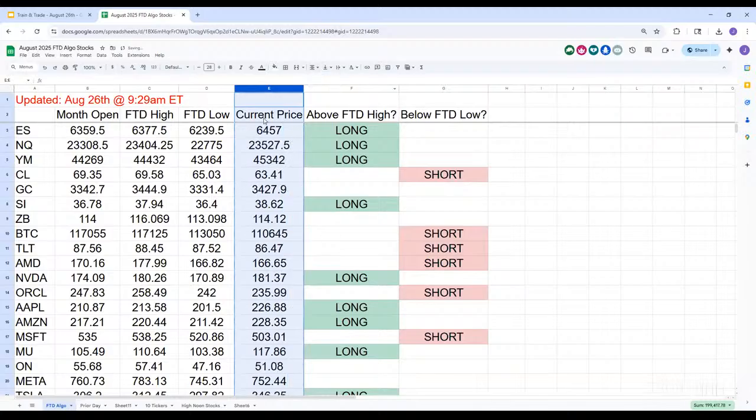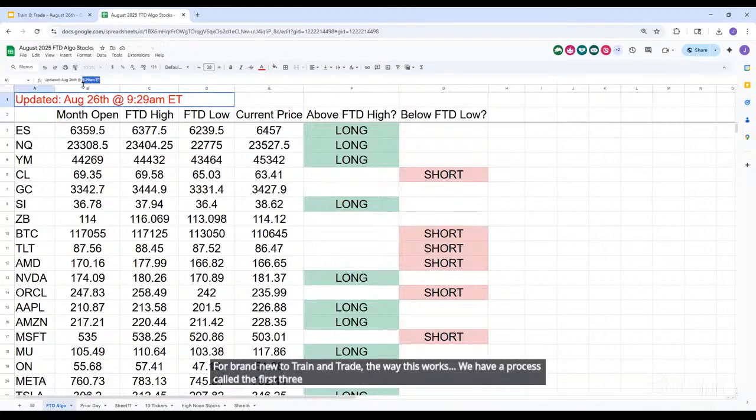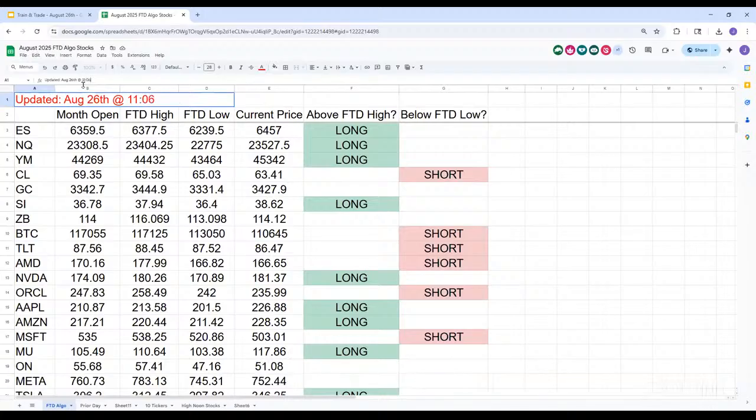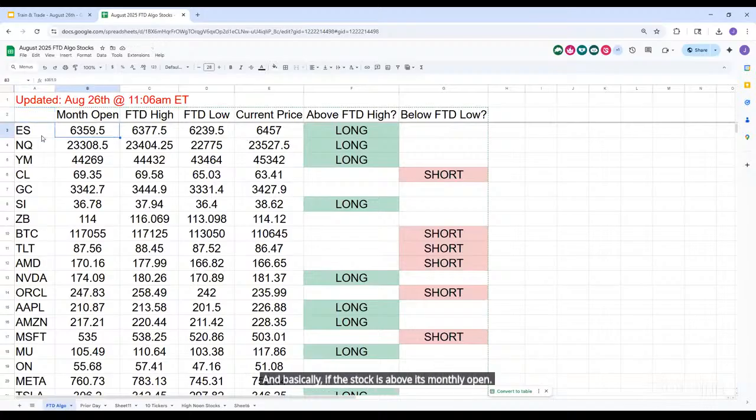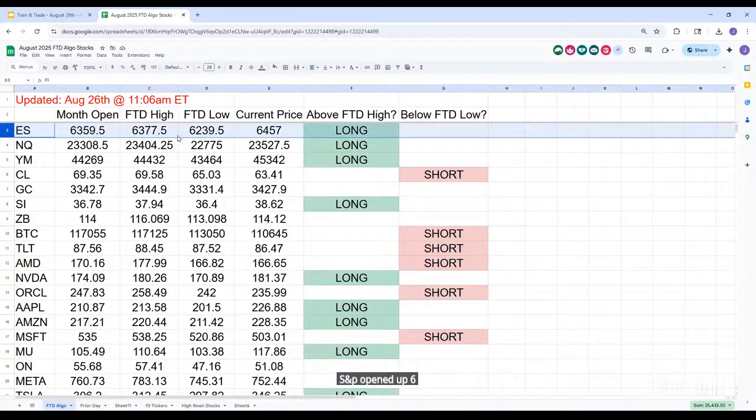For those brand new to Train and Trade, the way this works, we have a process called the first 3 days process to start each month. Basically, if the stock is above its monthly open, and we'll look at the S&P as an example, S&P opened at 63.59 for the month of August.